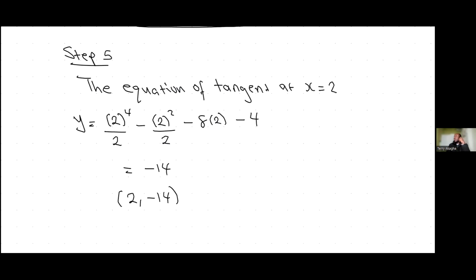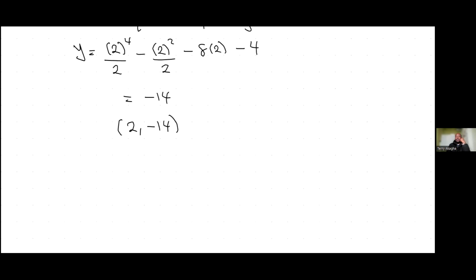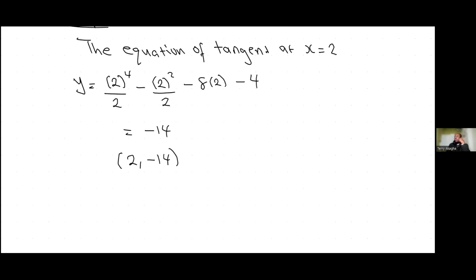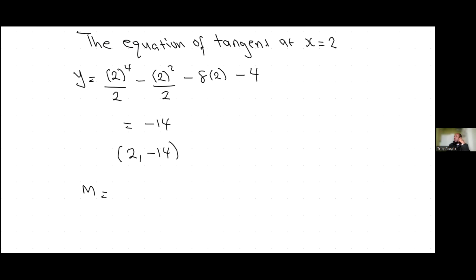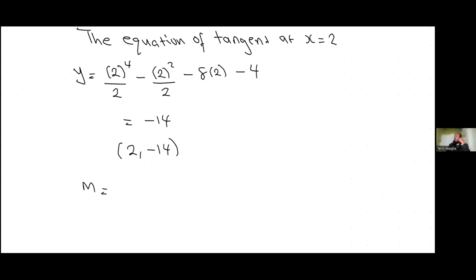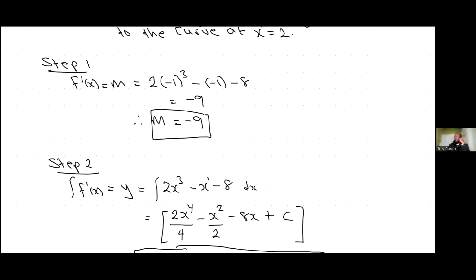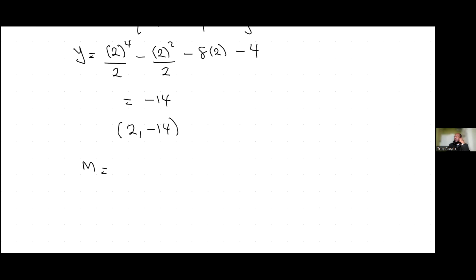Then the next part as well is that we need to find the slope, the value of slope at x is equal to 2. We're already given that the m was equal to, from the beginning, 2x cubed minus x minus 8. So m is equal to 2x³ minus x minus 8.